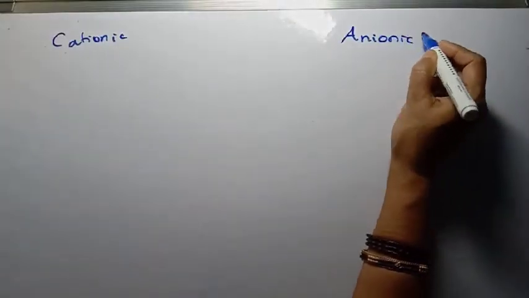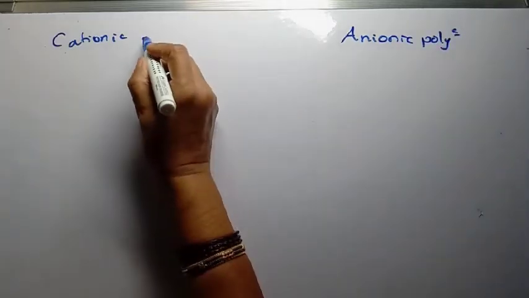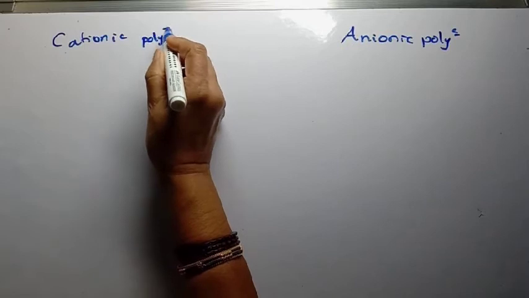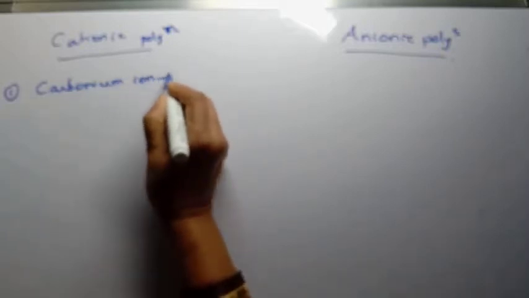So based on the factors, we can differentiate these two. The first one is in cationic polymerization, the carbonium ion is the chain propagator, and in anionic it is the carbanion that is the chain propagator.